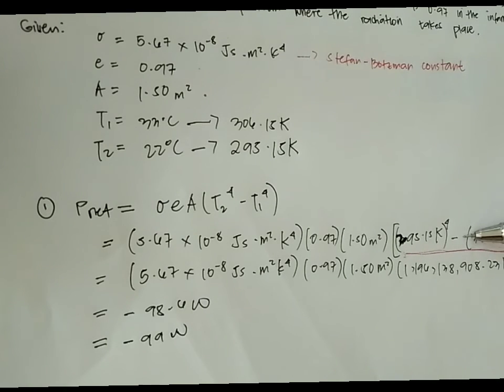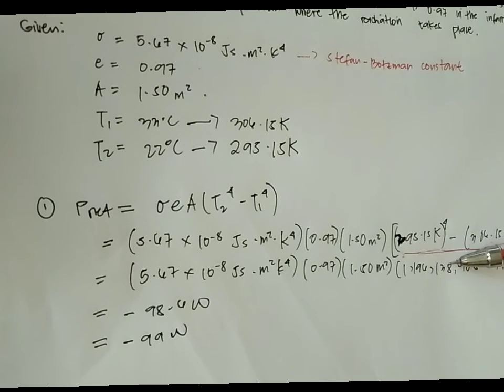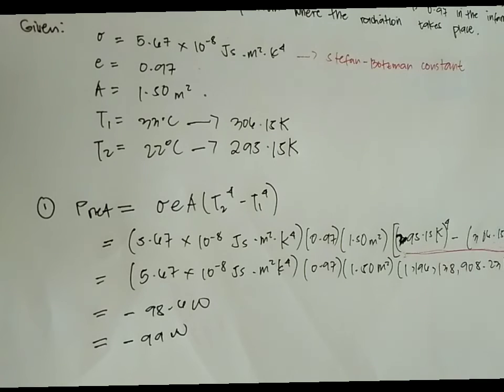After that, I applied the exponent and then subtracted, which gave the answer 1,196,138,908.23 Kelvin to the power of 4.